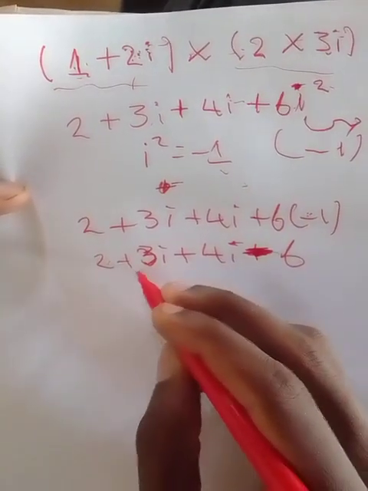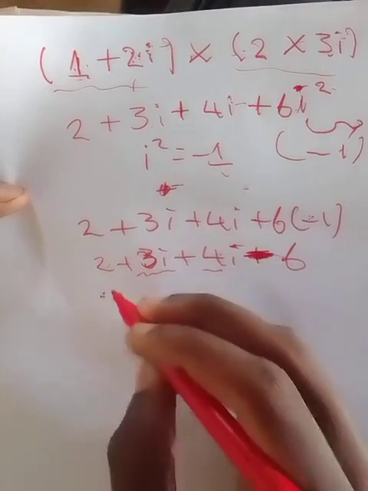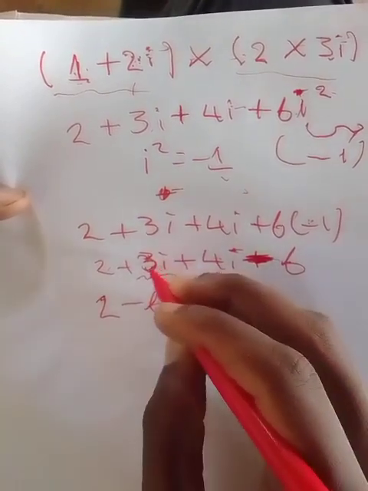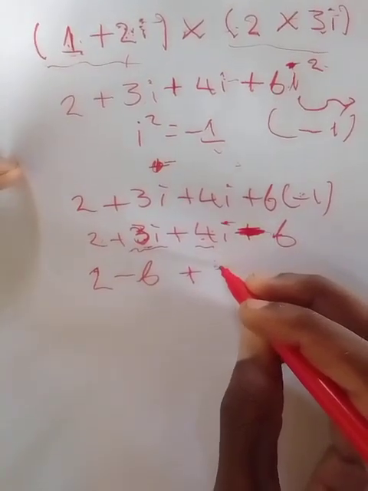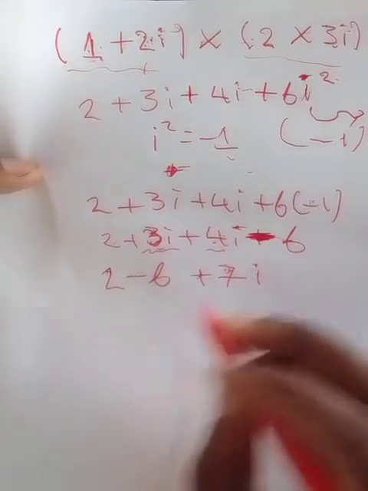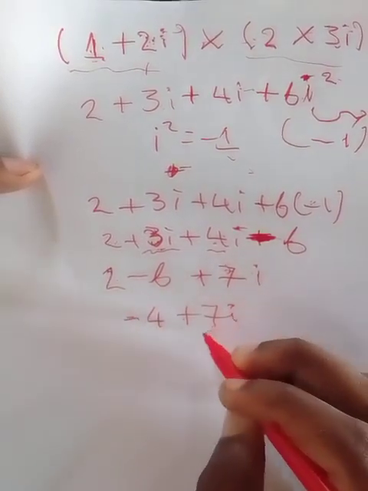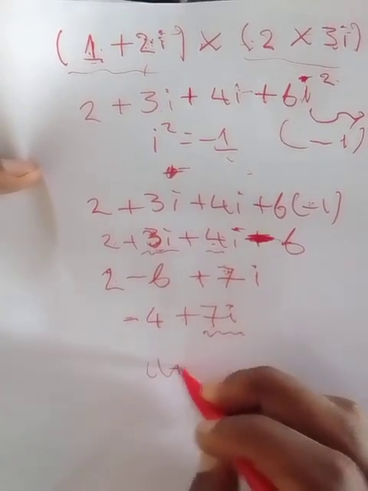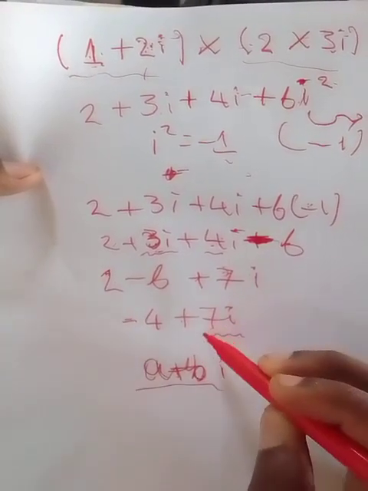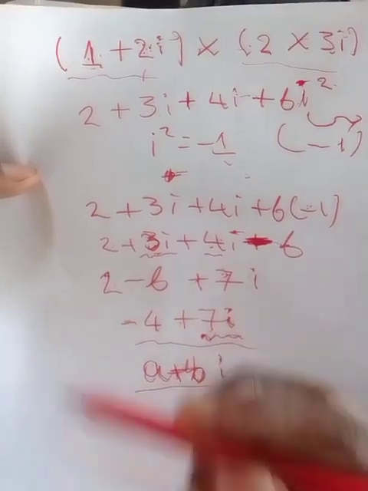First arrange the like terms. So you have 2, take it here, you have negative 6, and 4i plus 3i is going to give you 7i. And this one is going to give you negative 4 plus 7i. Normally we put the imaginary part on this side because of the format a plus bi. So normalize putting the one with an i on this side. So this is how you multiply complex numbers.